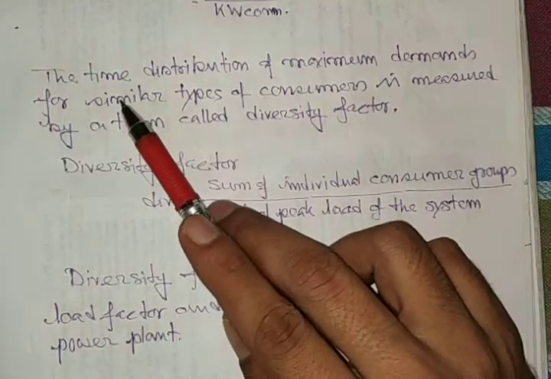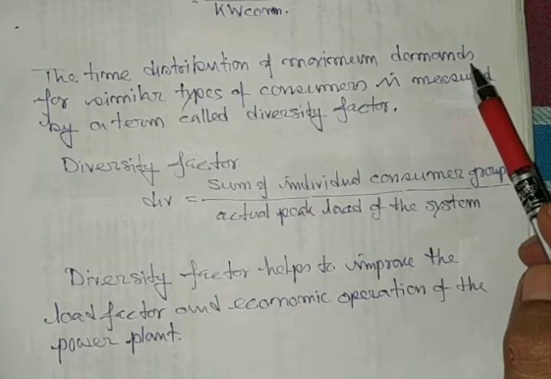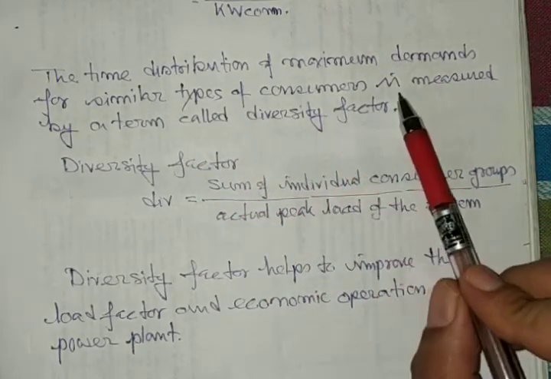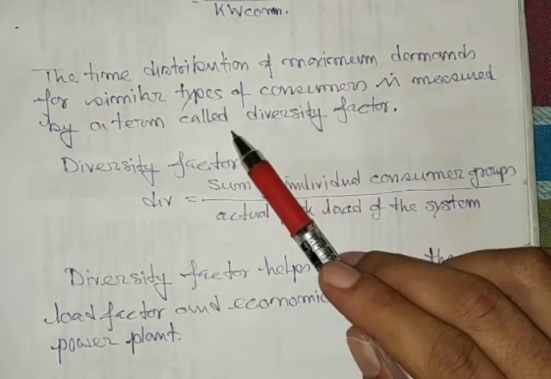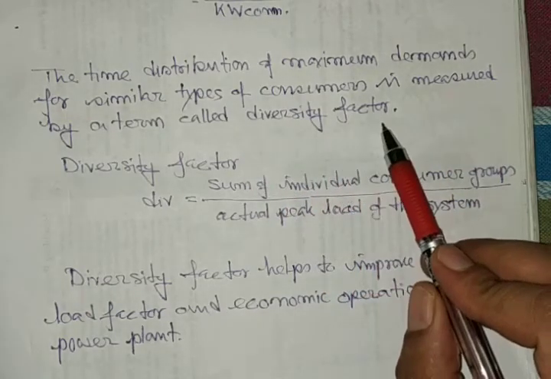The time distribution of maximum demand for a similar type of consumer is measured by a term called diversity factor.